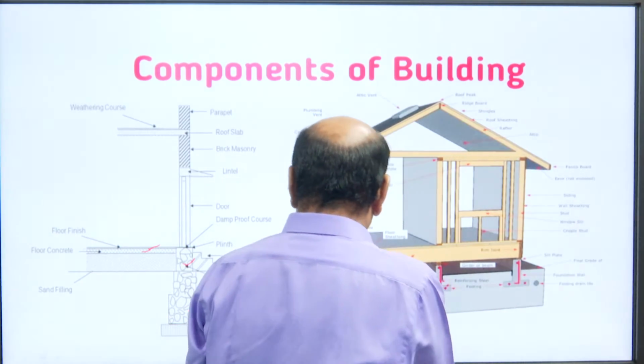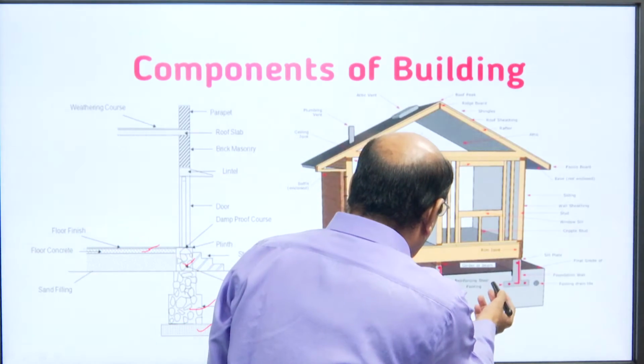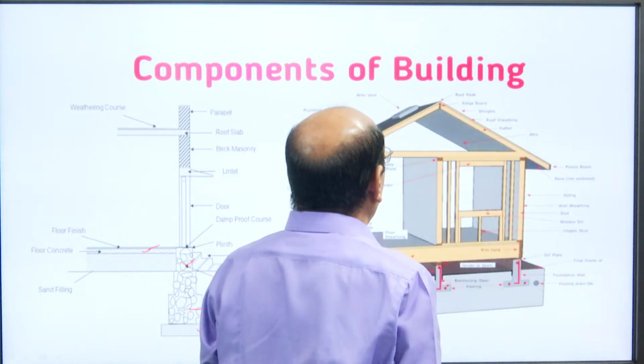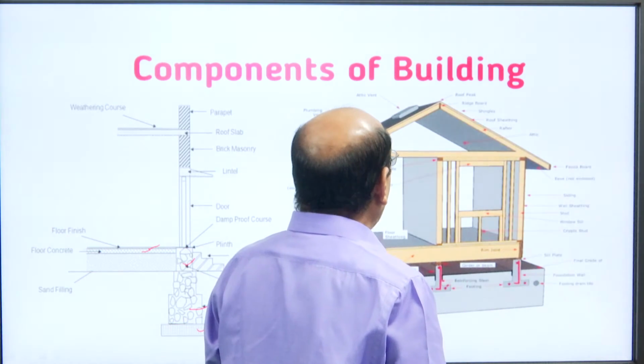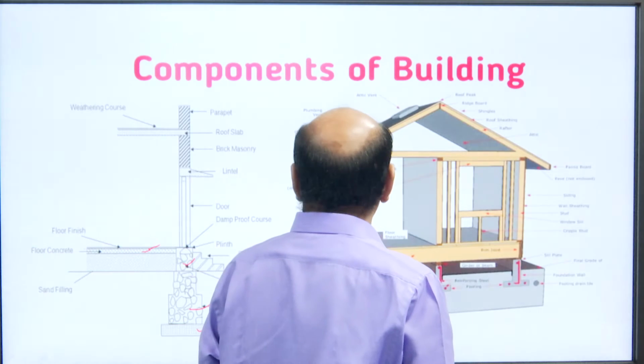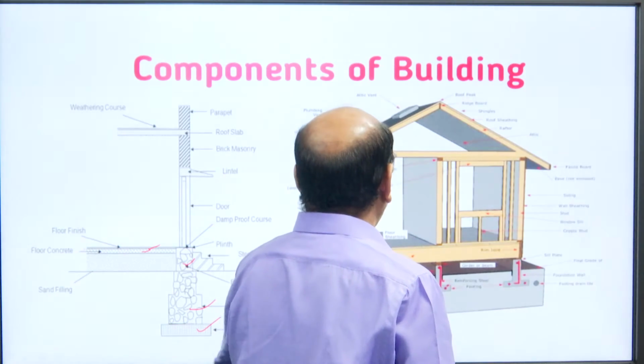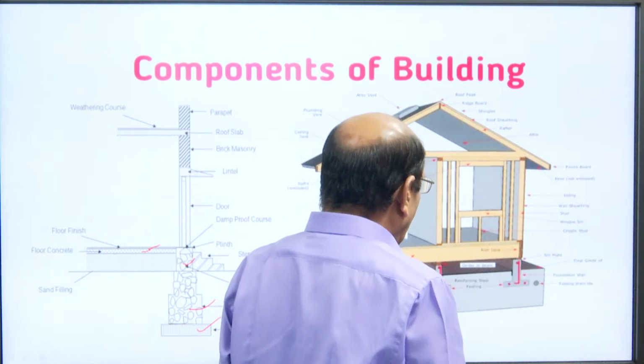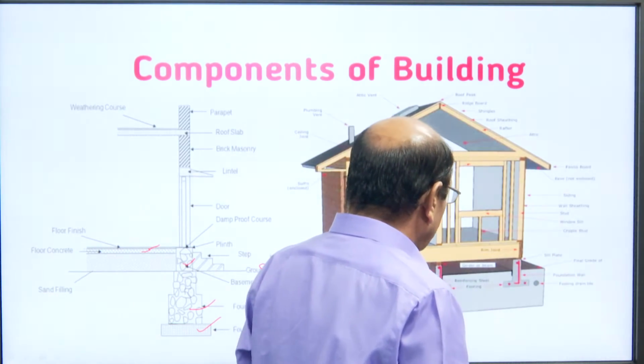At the bottom this is brickwork, reinforced steel footings. So, this is also an inclined type of house and the different parts of the house are shown here. As usual we have discussed already.